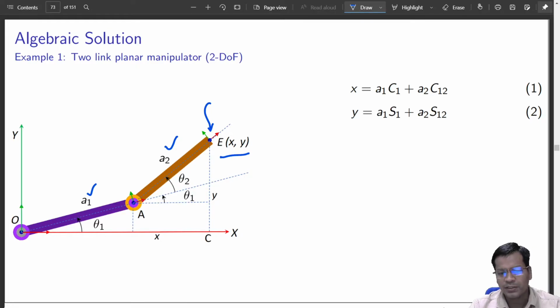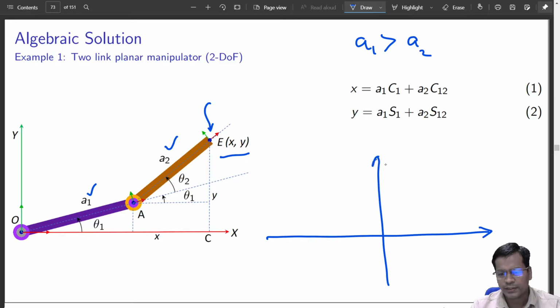Is it any place? Let us say you have two different link lengths, a1 and a2, and let me start with a1 greater than a2. How will your workspace look? This is your x-axis, this is your y-axis, and your first link can be fully stretched like this, the second link something like this.